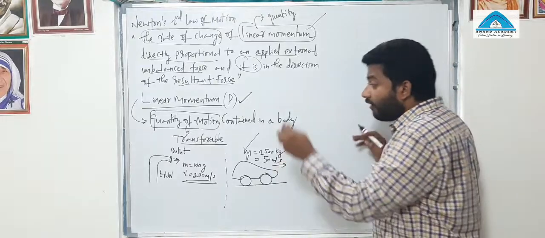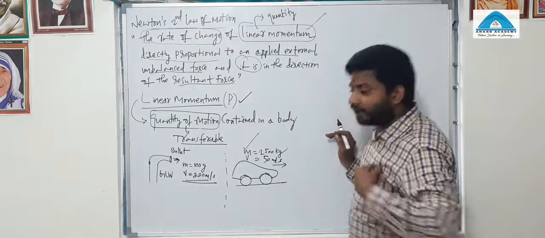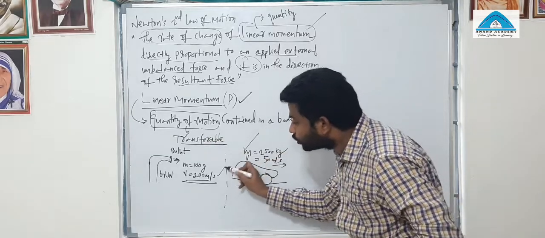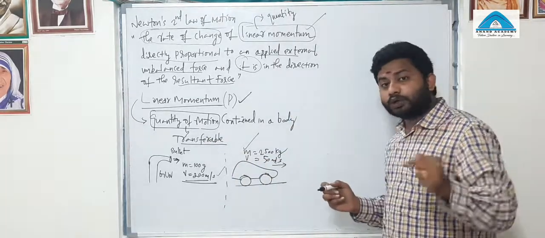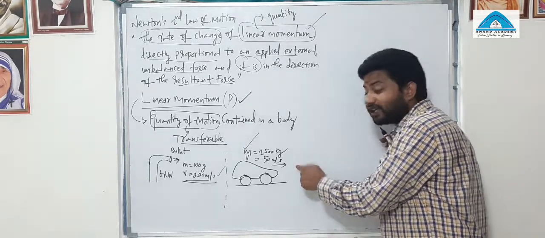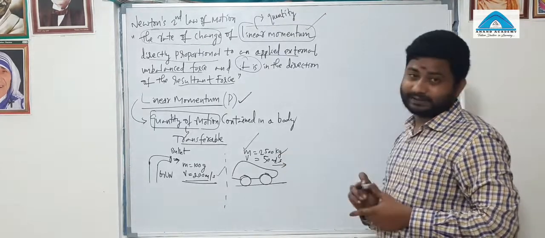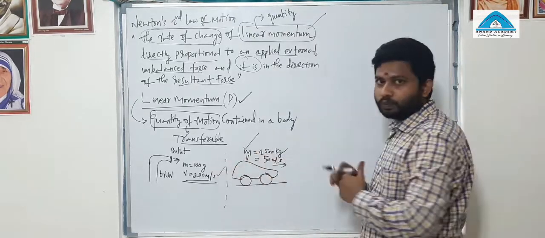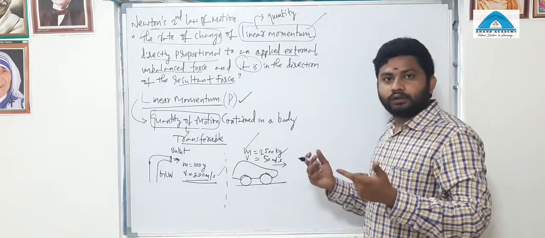Now, generally speaking, we cannot stop this quantity of motion because of its huge speed. We cannot control the quantity of motion in this case because of huge mass. Here, mass is more. Here, velocity is more. Clear?